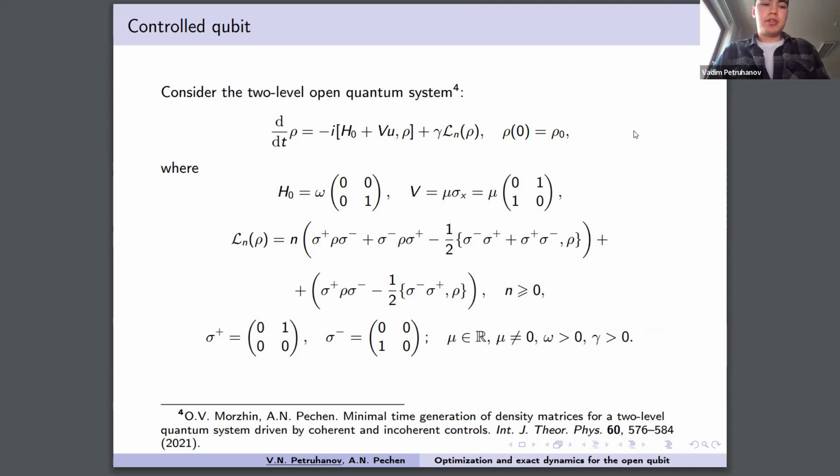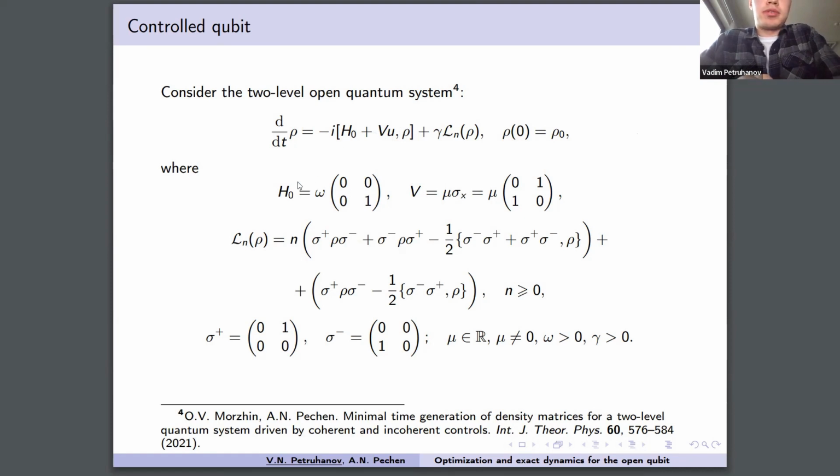But if we can control the environment, we can turn it into a positive thing, to use it as an active control of the system, besides our coherent control in the Hamiltonian.